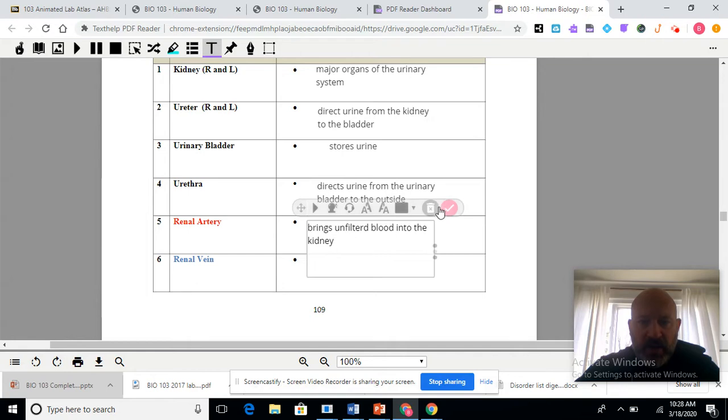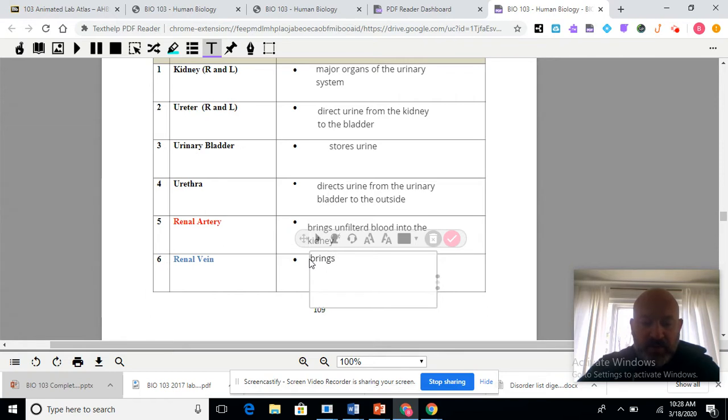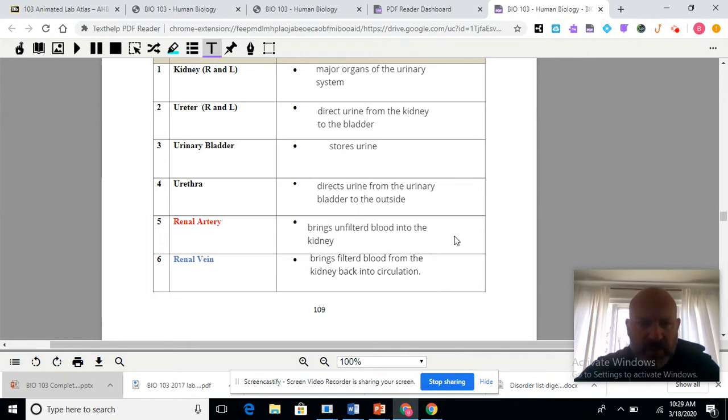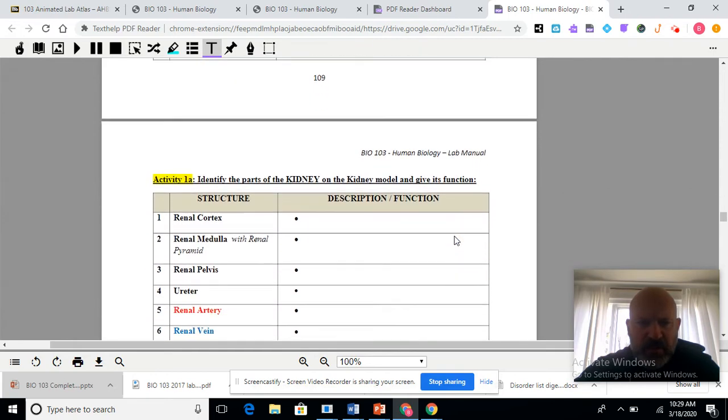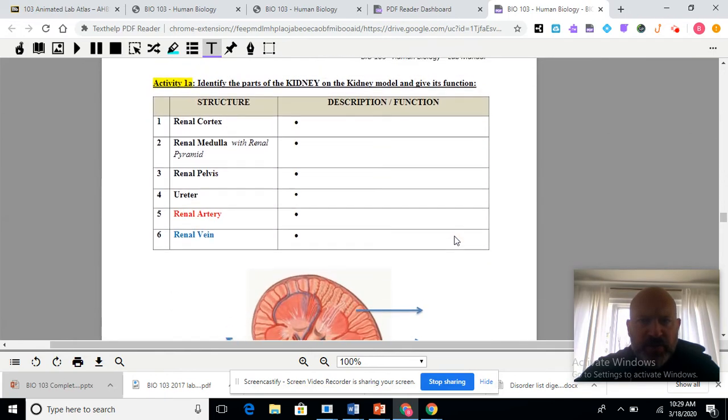The renal vein, we can say, brings filtered blood from the kidney back into circulation. Sounds pretty good. And so those are the basic functions of the different structures.